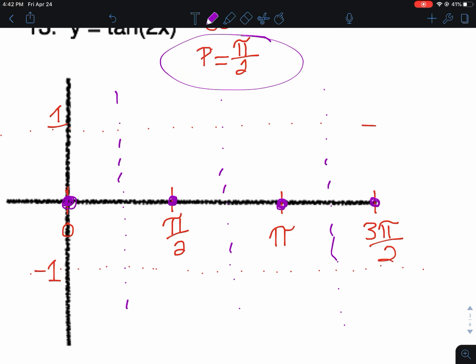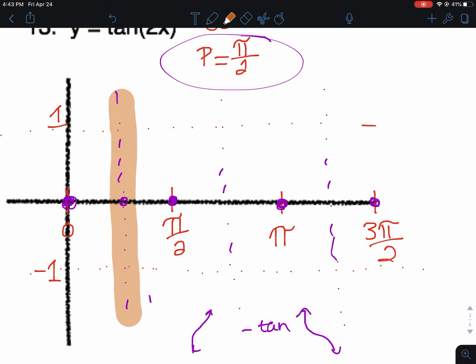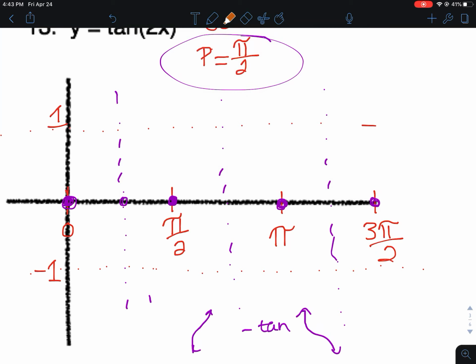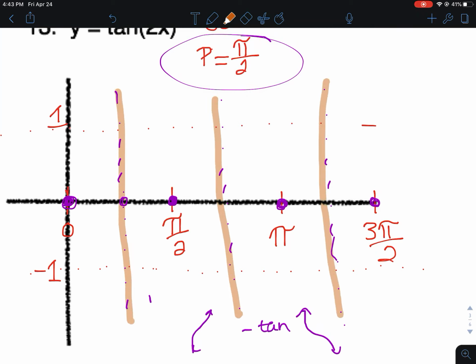All right. And so now, with the tangent function, your curves are going to go low to high, unless it's negative tangent, and then they would go high to low. The inflection points help us figure that out. So if I know that I need this graph to go low to high, between where I put this 0 and where this asymptote is, it's really large. Here's the asymptote, here's the asymptote, here's the asymptote.